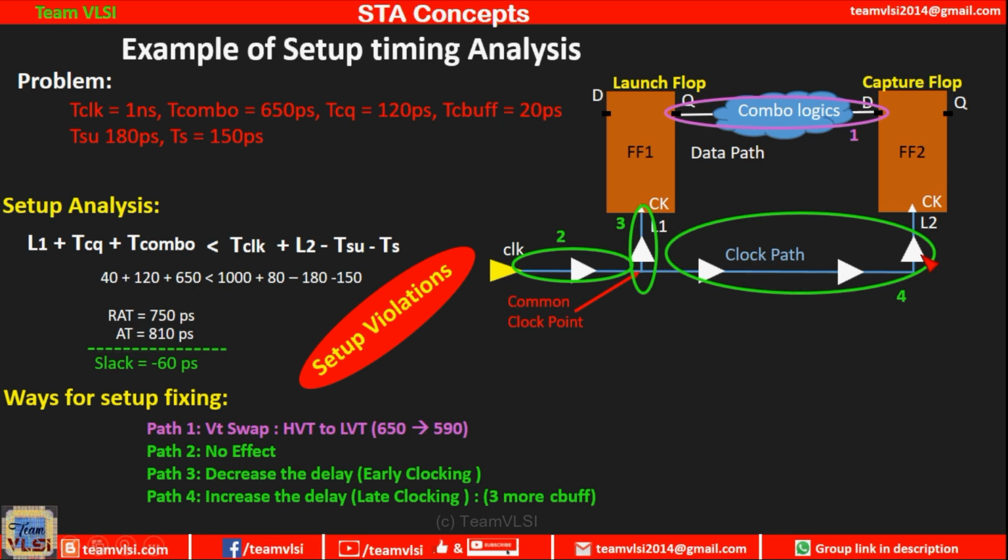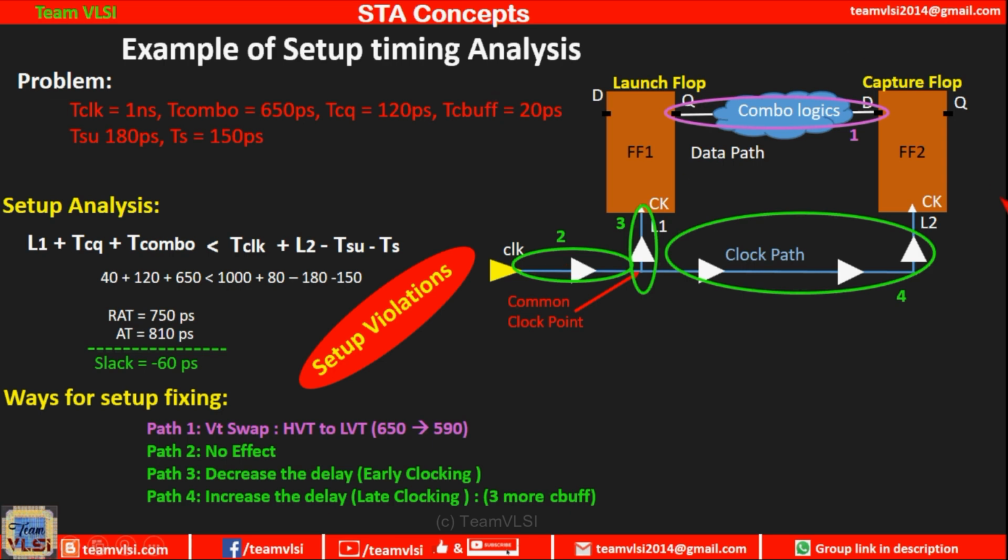But what will be the consequences for the next path? This capture flop will be a launch flop for the next flops, and if we do this late clocking of this flop, it might violate the setup timing of the next path, because we are increasing the latency of the launch flop for the next path.